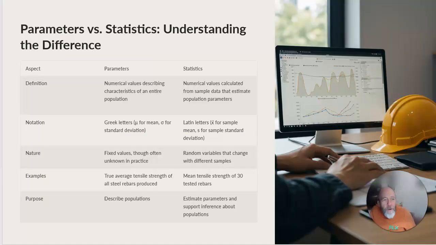Now, parameters versus statistics. Again, we're getting into naming, but we use different symbols for the parameters. Really, what we're thinking is, what's the difference between the statistics of the sample and the parameters, the actual population?